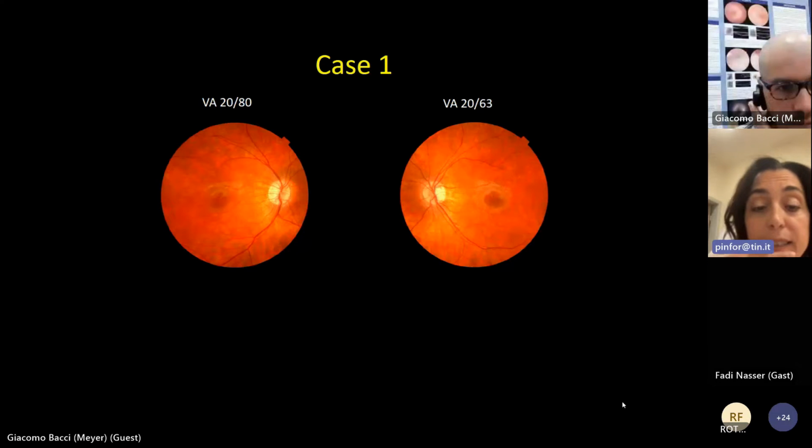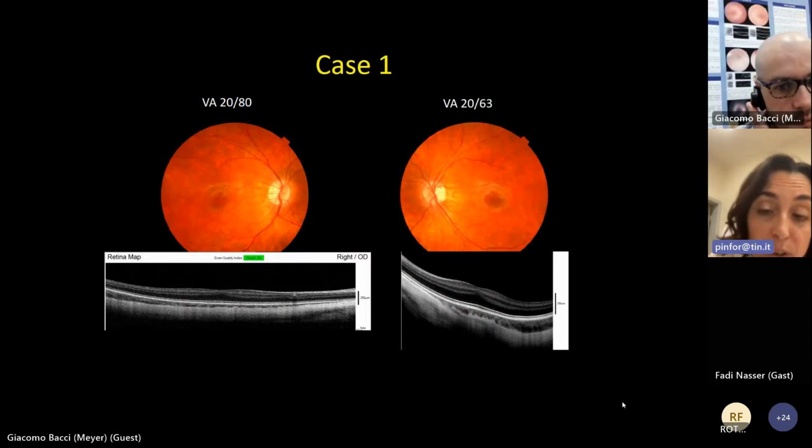They have other characteristics: poor night vision, mild photophobia, and unremarkable family history. Now, case one is one of the brothers, and we have unremarkable fundus ophthalmoscopy, and low grade foveal hypoplasia.